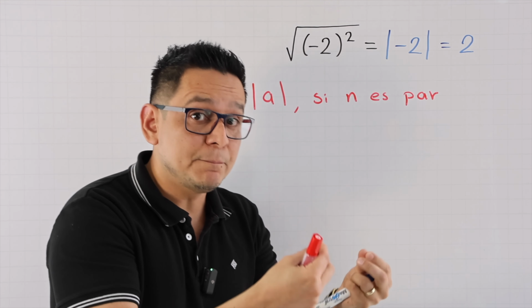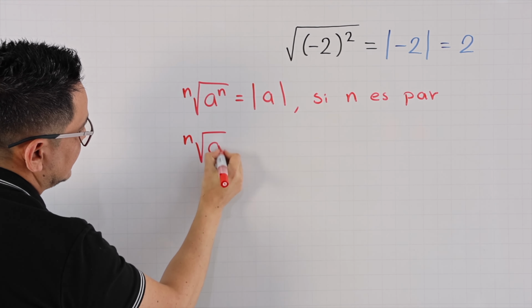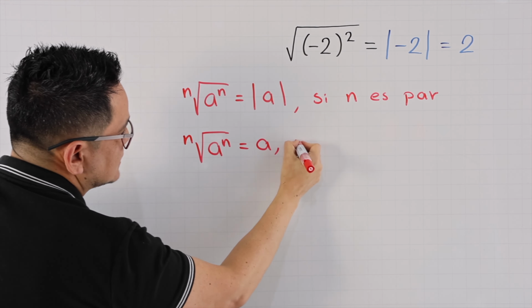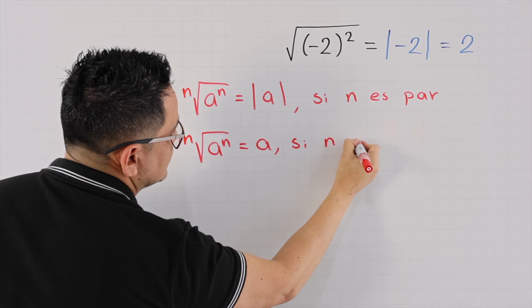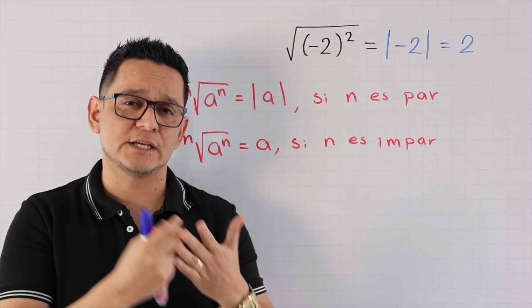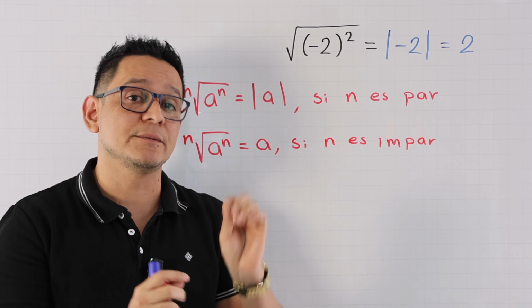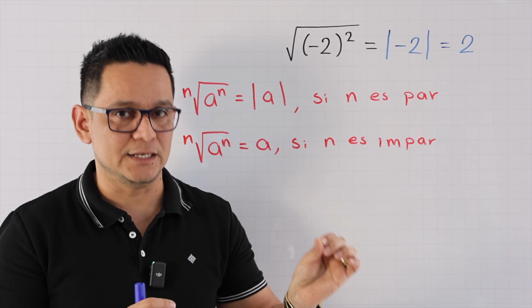When n is odd, we're going to do the following. Look, the nth root of a to the n is equal to a if n is odd. And now we have these two equalities that we can use in the exercises. It's worth mentioning that in this case, I'm only talking about positive integer values for n.